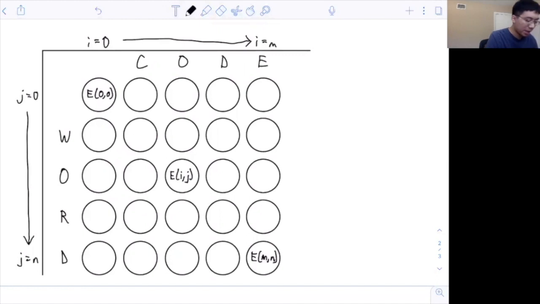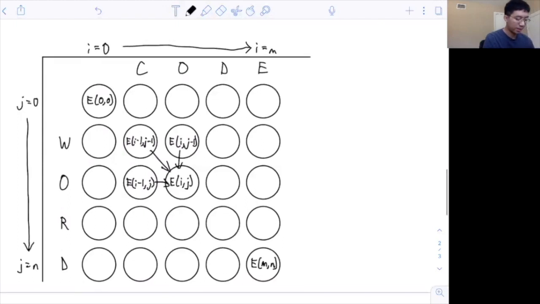And remember that E of i j depends on the results of three subproblems: E of i and j minus 1, E of i minus 1 and j, and E of i minus 1, j minus 1. All three of these can possibly affect the result of E of i j.